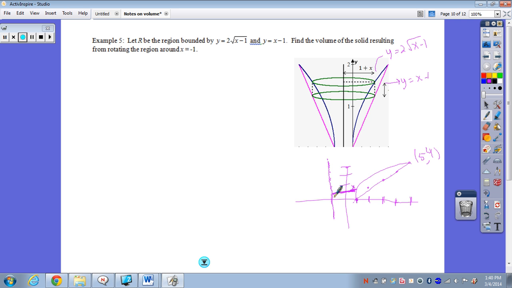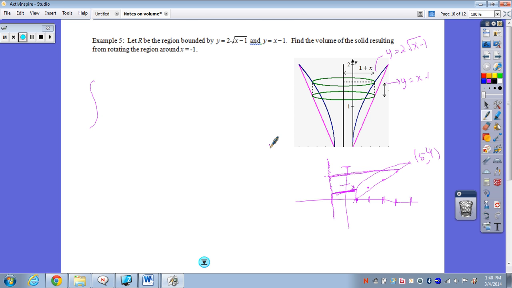So this distance is my inner radius. All the way to here is my outer radius. And so the radii have both been increased by 1. We can see it's been moved left 1, so it's been increased by 1.